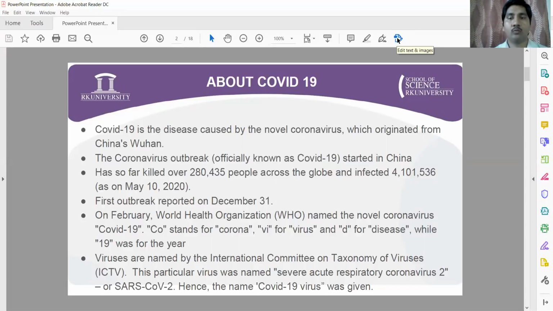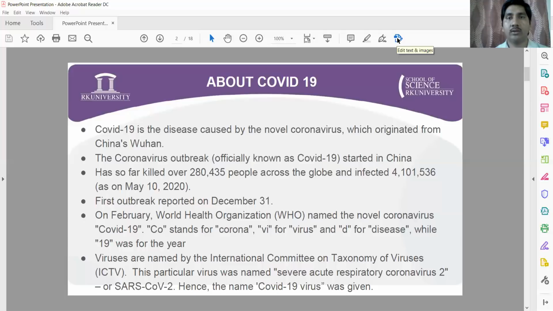The coronavirus outbreak, which started in China in the month of December 2019, has spread worldwide. It has infected more than 189 countries all over the world, and as of now it has killed 280,000 people around the globe and infected around 41 lakh people as of May 10, 2020.